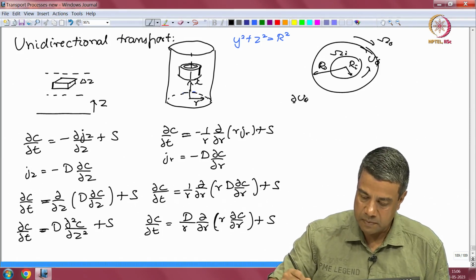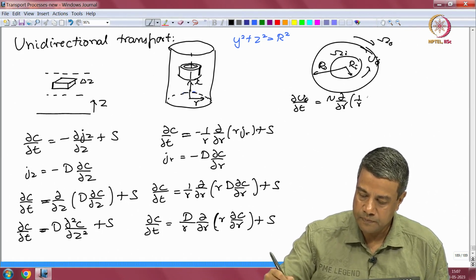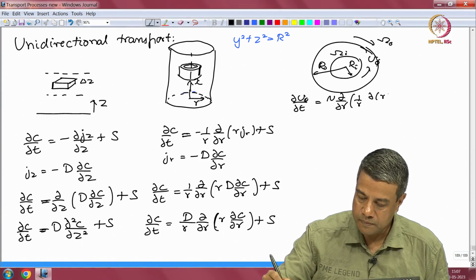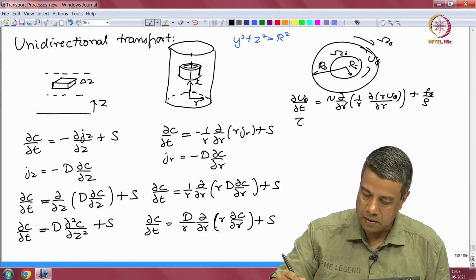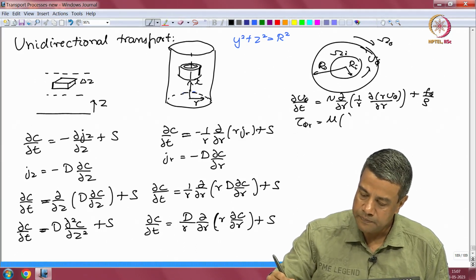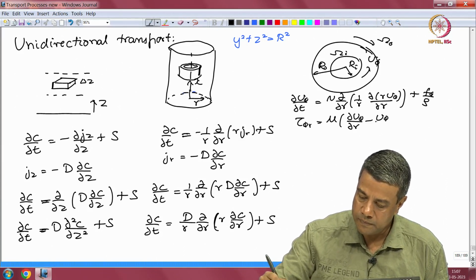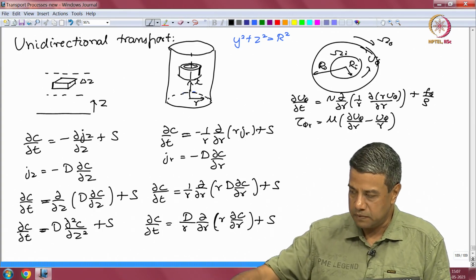Partial v phi by partial t is equal to nu times a different operator plus f phi by rho, and tau phi r. The stress also had a different form.